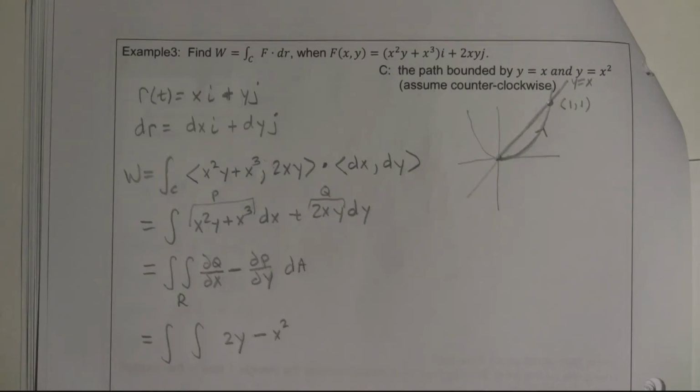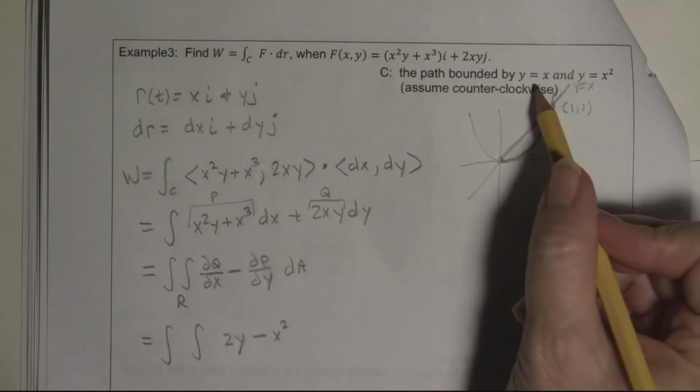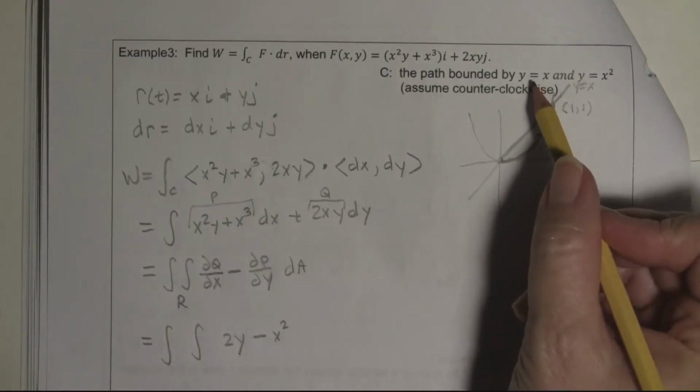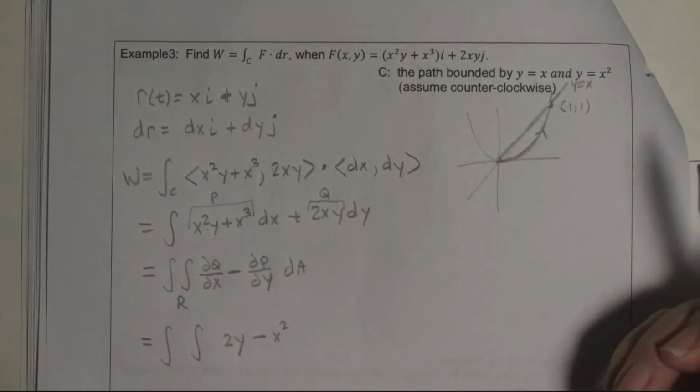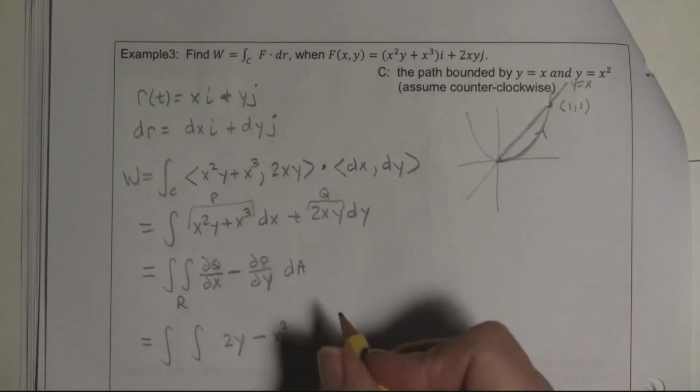The equations are already solved for y, so that would maybe make it a tiny bit easier to do dy first. If I did want to do dx first, I would have to solve these equations for x, and this one would not be hard, but this one I'd get a square root involved. I'm going to do dy.